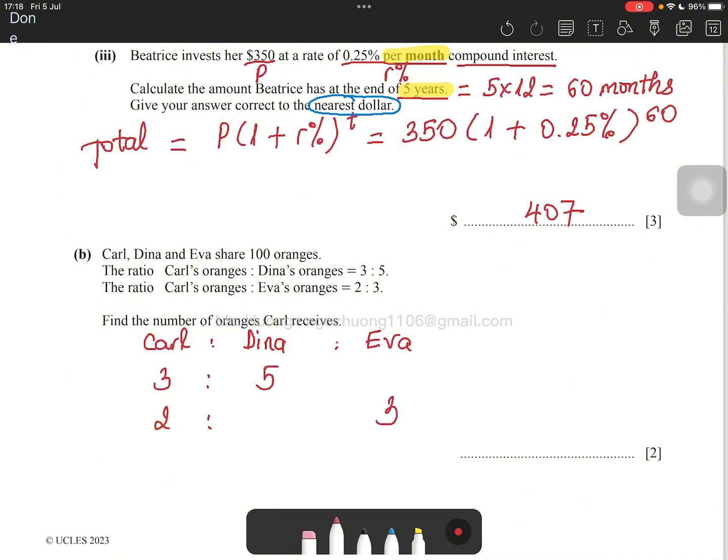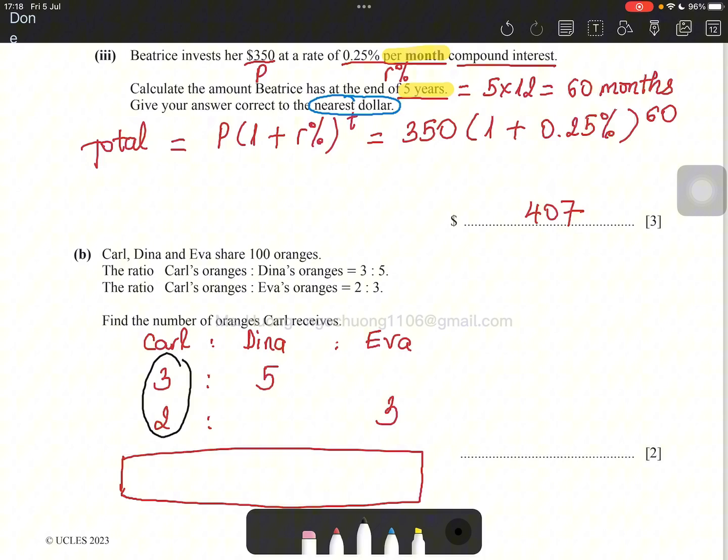So we find the number of oranges Carl receives. In this case, we only have the ratio for each pair of people, but we need to find out a ratio for 3 people. To do this, we will notice that we have Carl here. And the lowest common multiple of 3 and 2 is 6.